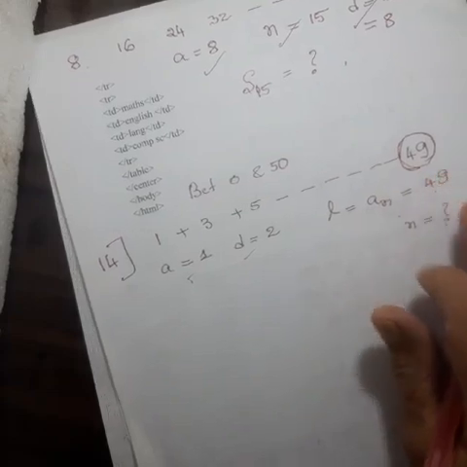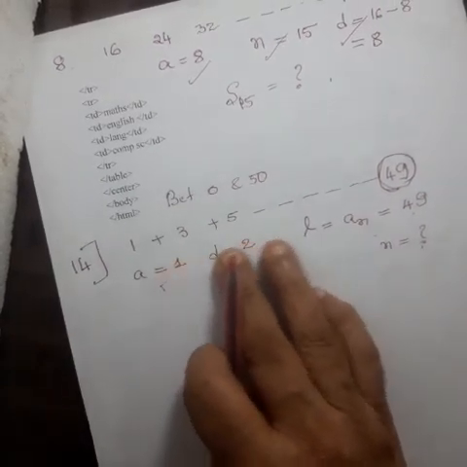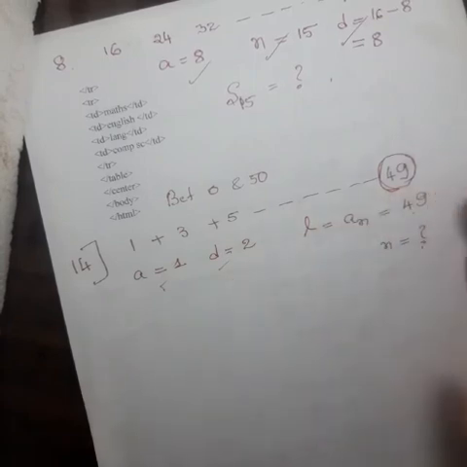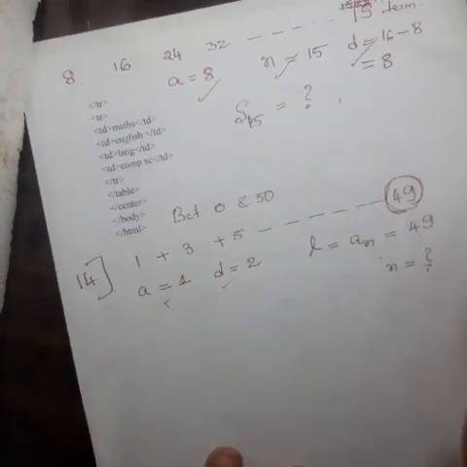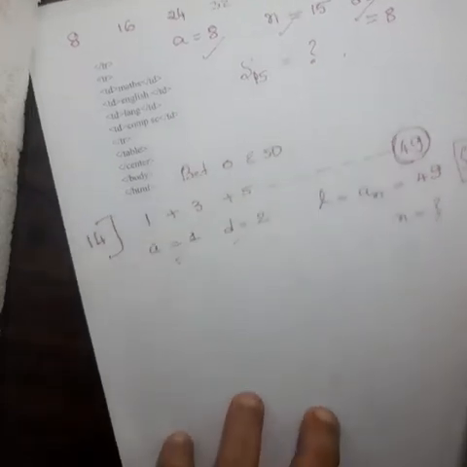Okay. Next, actually you see 1 plus 3 plus 5, there is a short MCQ here. For odd numbers, Sn will be equal to n squared, a simple formula. I will write here, Sn is equal to n squared.